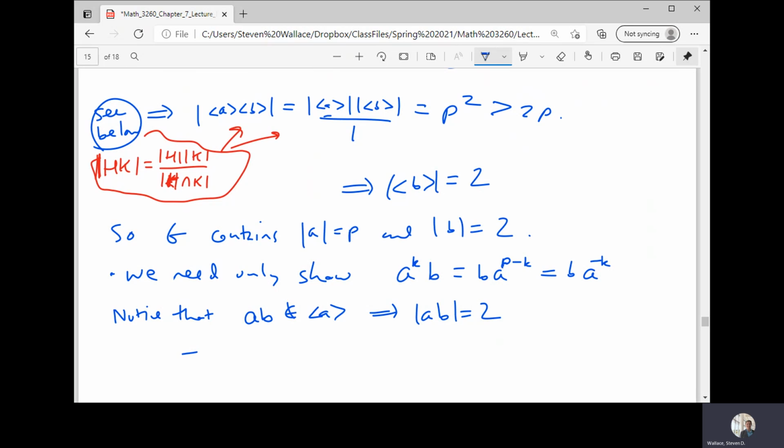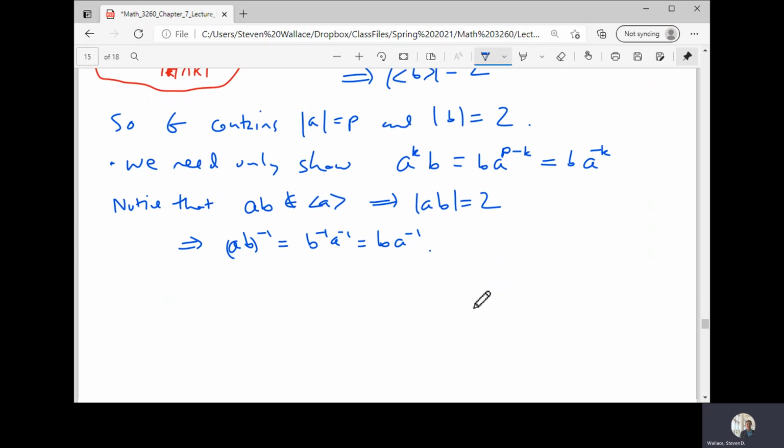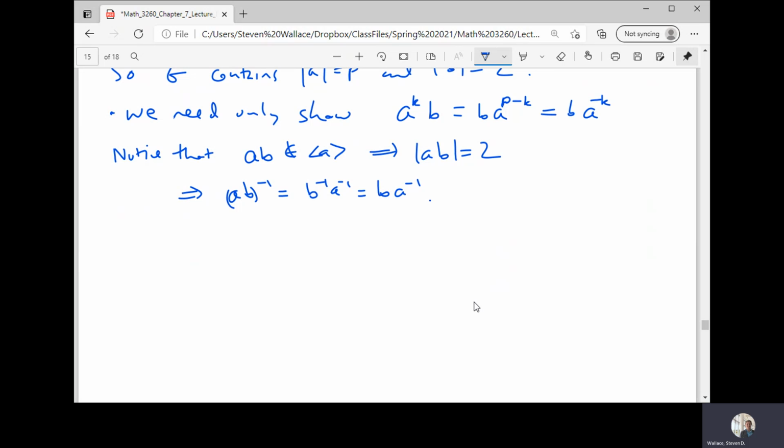So this means that (AB) inverse is equal to B inverse A inverse, which is equal to B A inverse. And that's enough, basically, to show what we need to show.